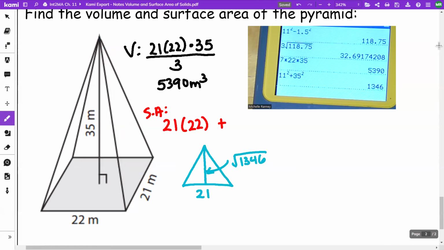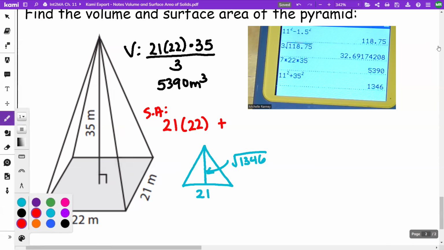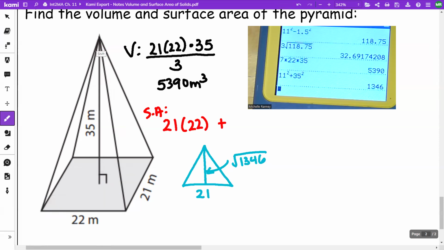Let me get rid of that. Let me draw it in a different color. Let's say I do it in purple. Then I need to find from here to here, and then I'm going this distance. So that's going to be a 10.5, and I have my 35.